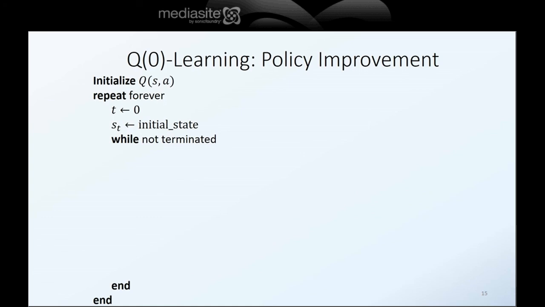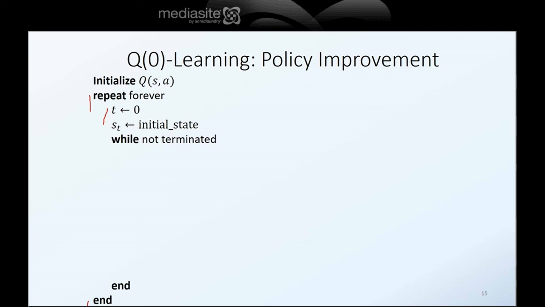Q learning, or rather Q0 learning, this is the equivalent algorithm for policy improvement. So we initialize the Qs, and then we have the usual repeat forever, and we initialize T and the ST. Now here, since this is for policy improvement, we will take the argmax over actions. So we don't need actions a priori.